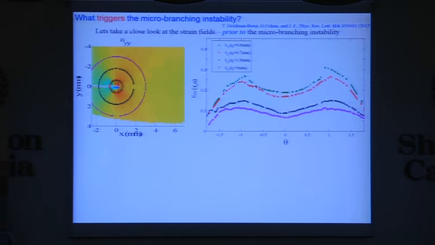Okay, now I've told you that we can measure the strain field, so let's see what that means. So this is a map of the strain field, the YY component of the strain field, as a function of x, the propagation direction, and y, the transverse direction. And these colored circles are not part of the strain field.